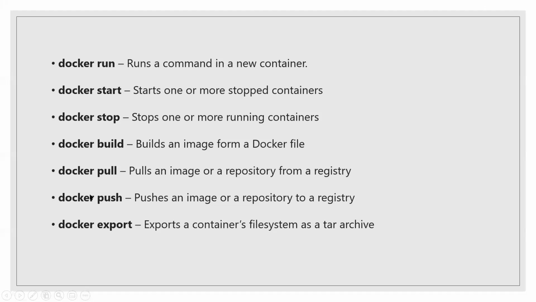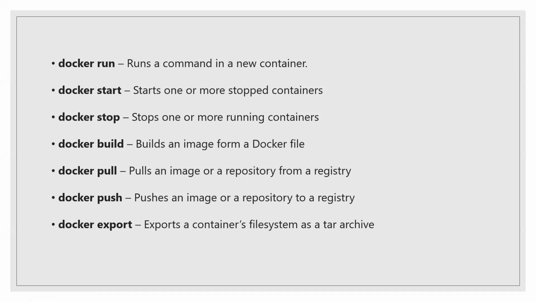So Docker run. We have a few very basic commands. Docker run runs a command in a new container. Docker start starts one. We'll go through a few of these commands later on. Docker stop to stop the container. Docker build, as I already spoke, creates an image. It builds an image from the Dockerfile. Docker pull is nothing but pulling the image from the repository. Docker push is if you have created something unique and you want to push it to the repository, then you can use this particular command.